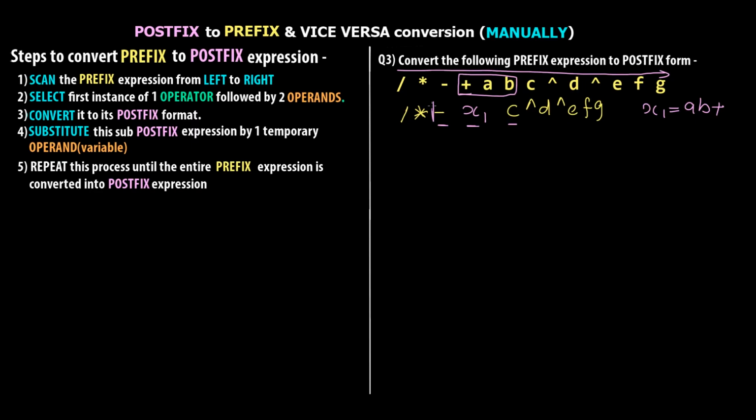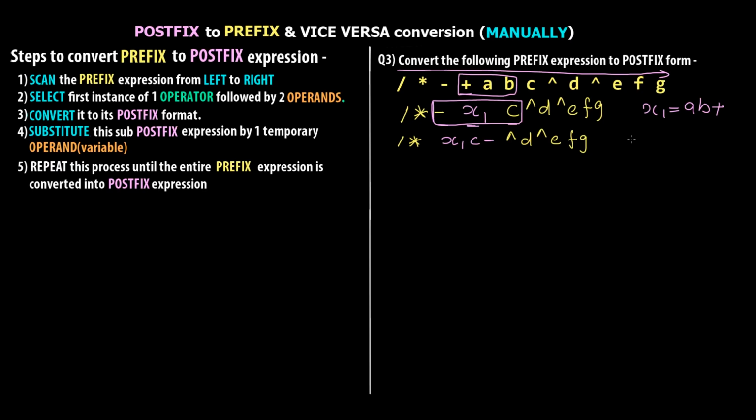So I have to convert this whole thing to its postfix format. Everything else is as it is. So divide by star is as it is. Then we have x1 c minus, because minus will come after c in the postfix version. Then everything is as it is, raised to d raised to e f g.